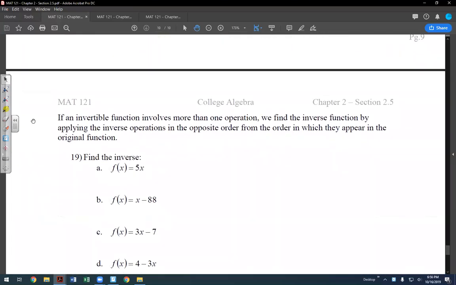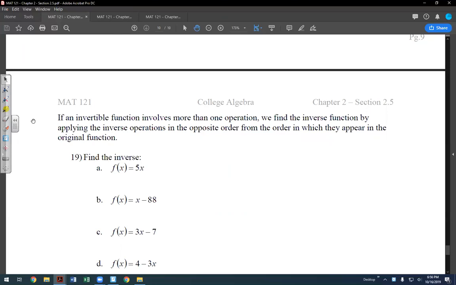Okay, but what happens if you have more than one operation? So they are saying we find the inverse function by applying the inverse operations, which means plus will become minus, division becomes multiplication. So applying the inverse operations in the opposite order from the order which was given in the original function.